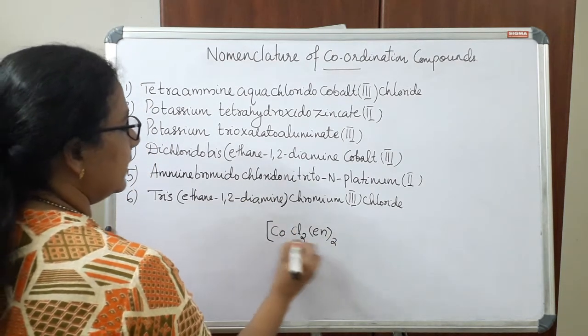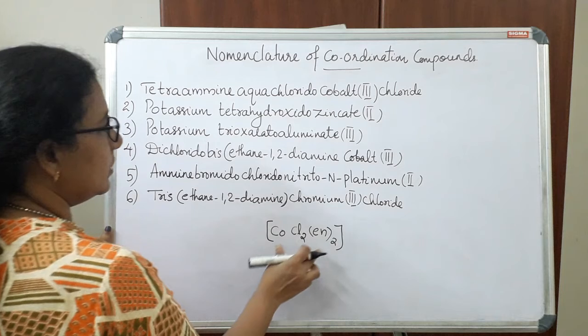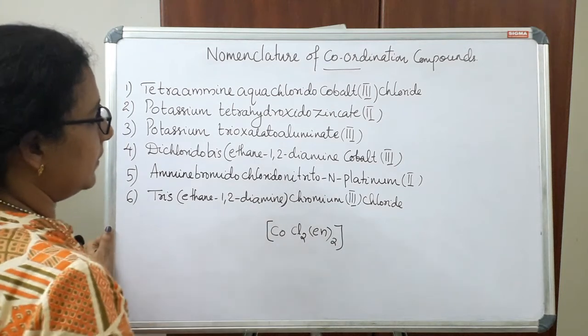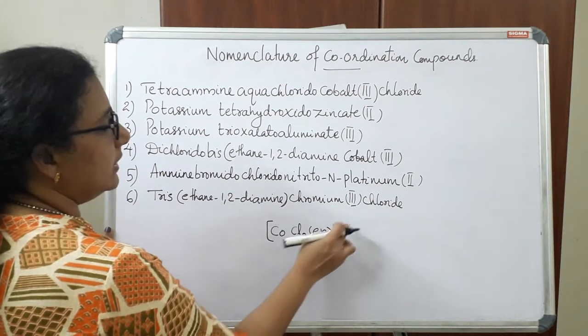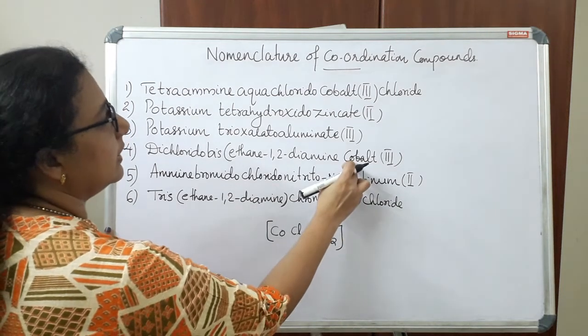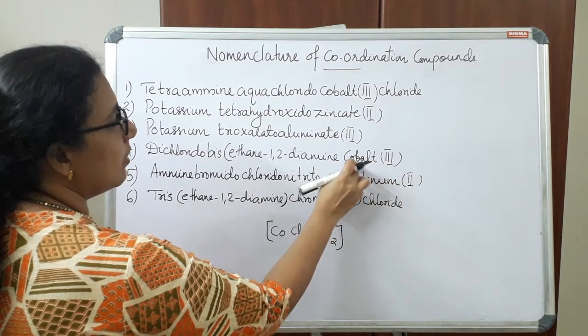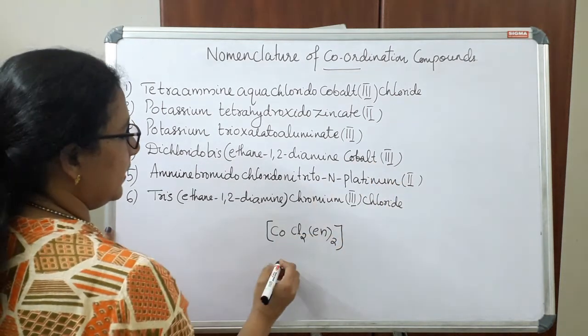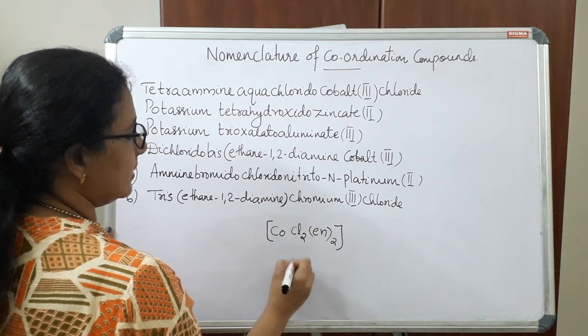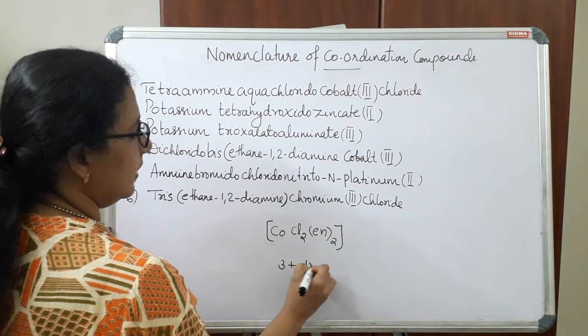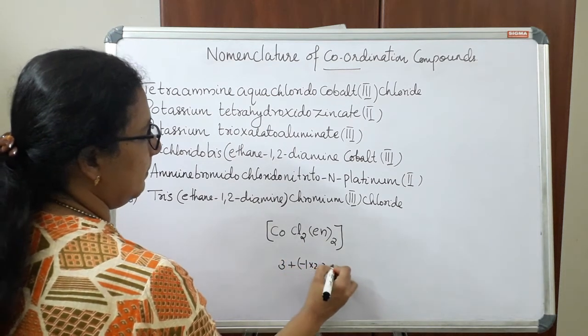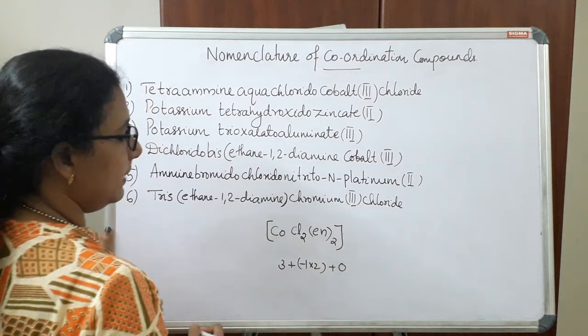So this will be the complex part. So this is actually an ion. Then we need to find out the charge. So for that we can use the 3, the number 3, as the oxidation state of cobalt. So it is 3 plus minus 1 into 2 plus En, it's a neutral ligand, it will be 0.